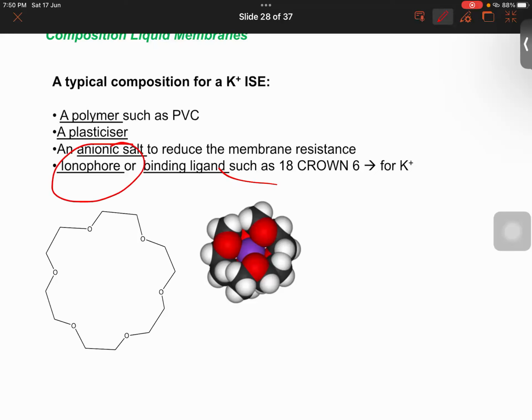Okay, so this is an example of an ionophore. It is called crown 6, and this is very selective for potassium or K+. So we can construct the electrode ourselves, and then use it for detection of cations.